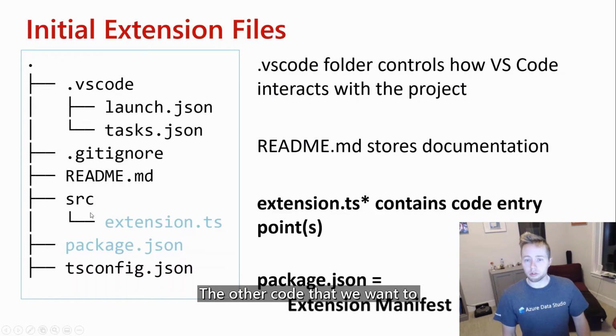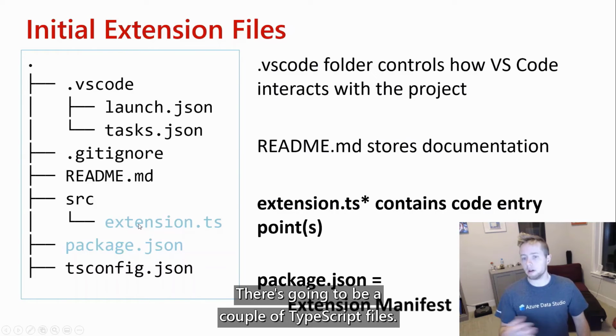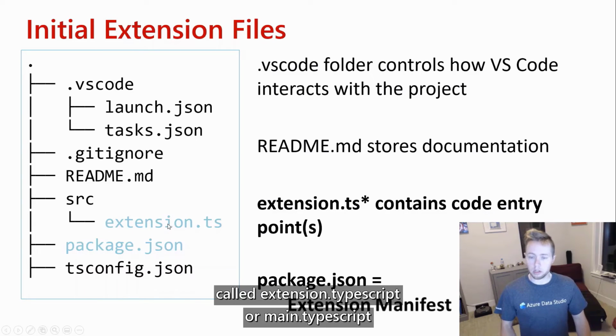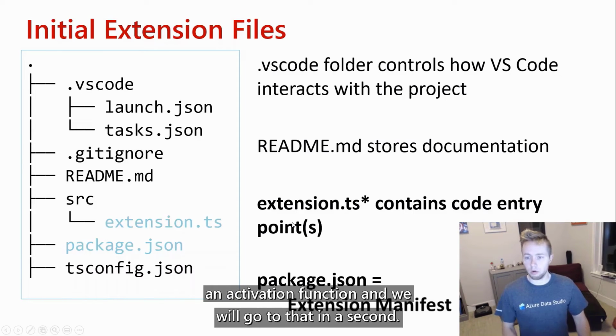The other code that we want to really pay attention to is within the source folder. There's going to be a couple of TypeScript files, and we're looking for one that may be called extension.ts or main.ts that contains that code entry point, and that's an activation function, and we'll go to that in a second.